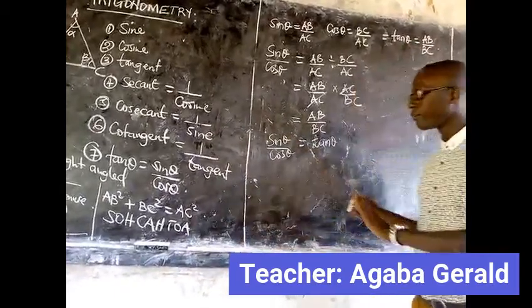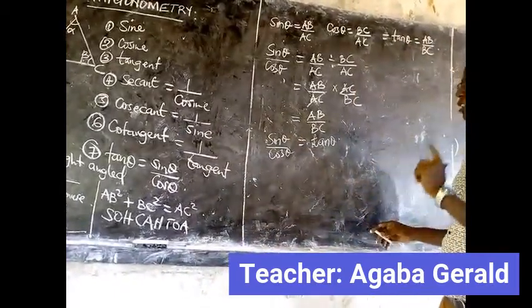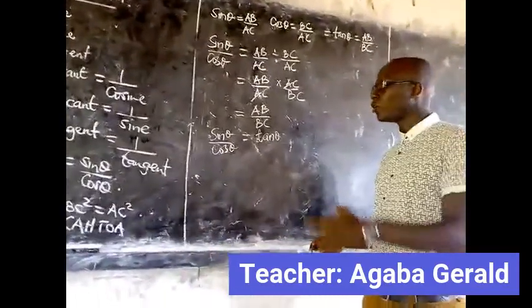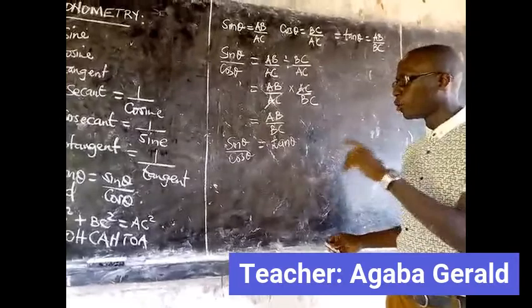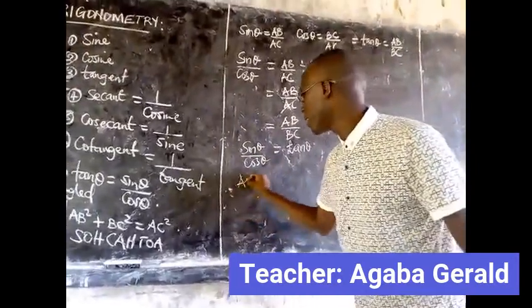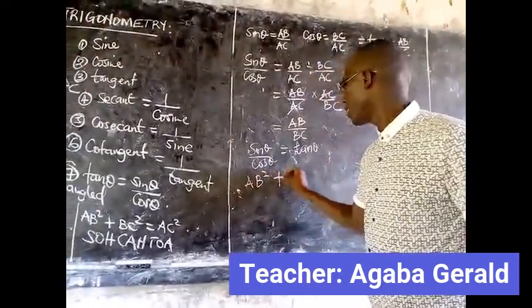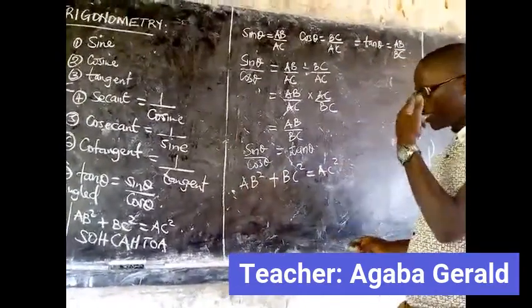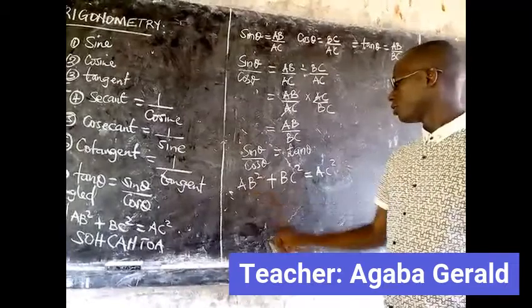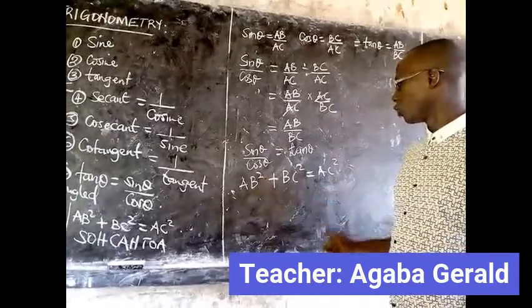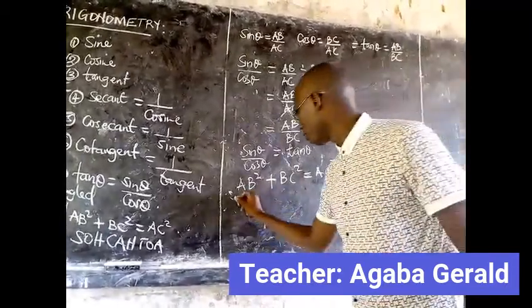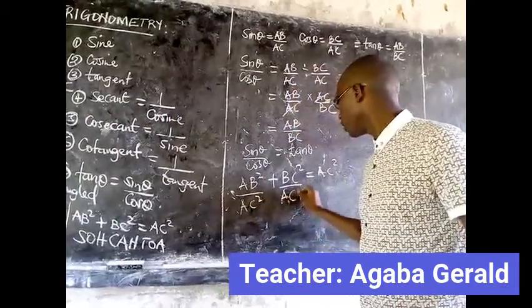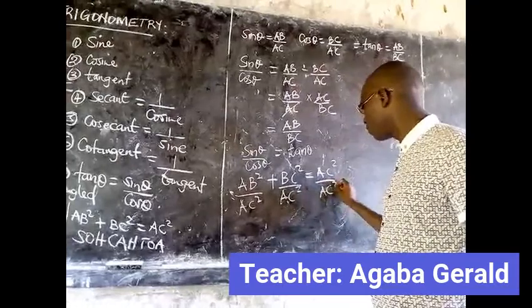Now, from here, still using Pythagoras' theorem, we want to derive the three basic identities. We said by Pythagoras' theorem, AB squared plus BC squared is AC squared. We can decide to divide by AC squared everywhere.